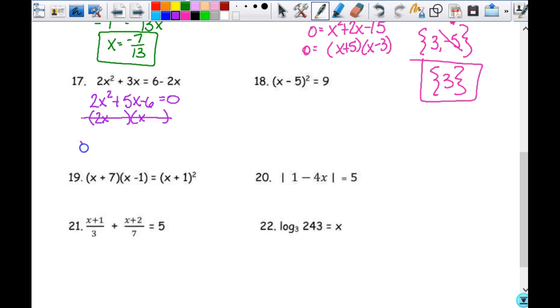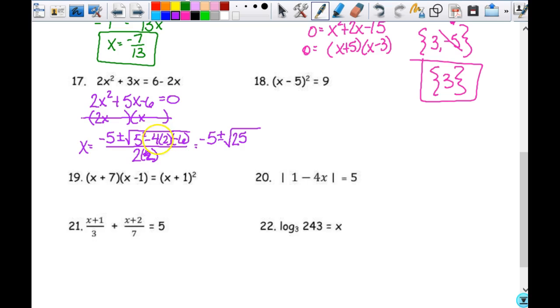So we know that x equals negative b plus or minus the square root of b squared minus 4 times a times c, all over 2 times a, oops, which is not 4, it is 2. That's a 2. So this is going to give me negative 5 plus or minus the square root of 25.